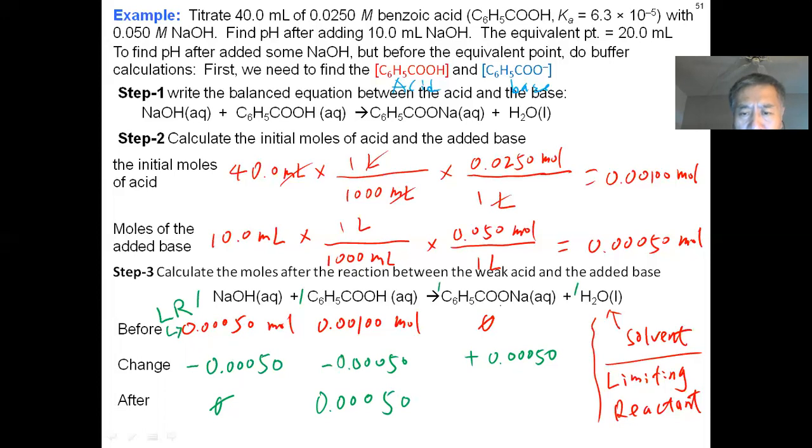The conjugate base, this is our base for the buffer, and this is the acid for the buffer. Obviously 0 plus the change, so just 0.00050. Okay, now we know everything in the mixture. So we have 0 NaOH left over, but we have some weak acid left over. We also produce some of the weak base.